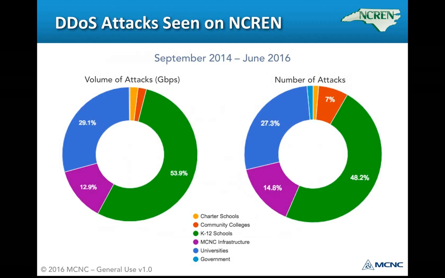We have another question here. Has the number of attacks on government increased since HB2? Yes. The answer to that is yes, although that increase is very small because we saw very little, in fact, almost none targeting government prior to HB2, and we've seen a small number of attacks.